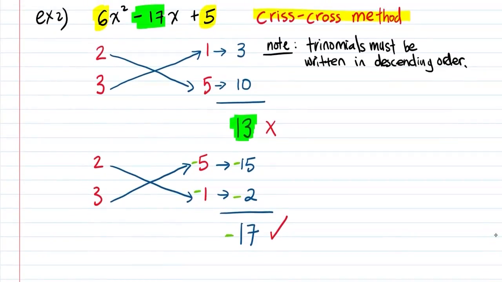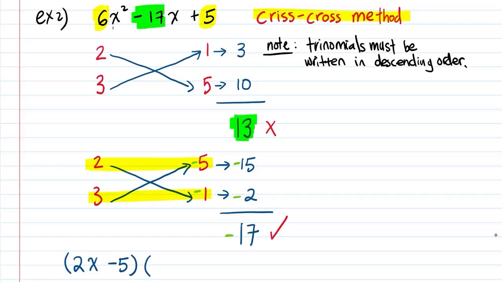So how do we write the answer? This row makes one factor, and this row makes another factor. Make sure you use the variable after the 2 and 3. So here's the answer: 2x minus 5, because you have to have the x from the x squared, and that's one set.